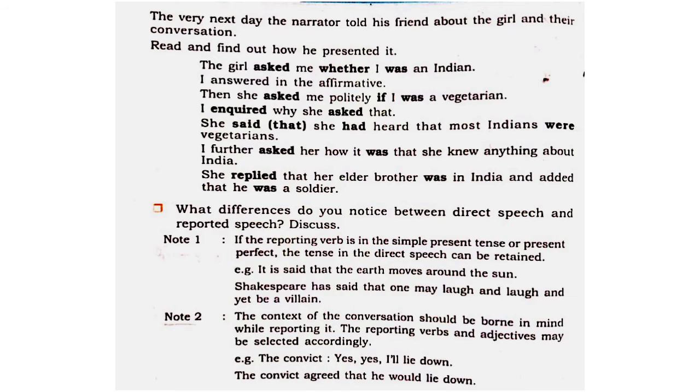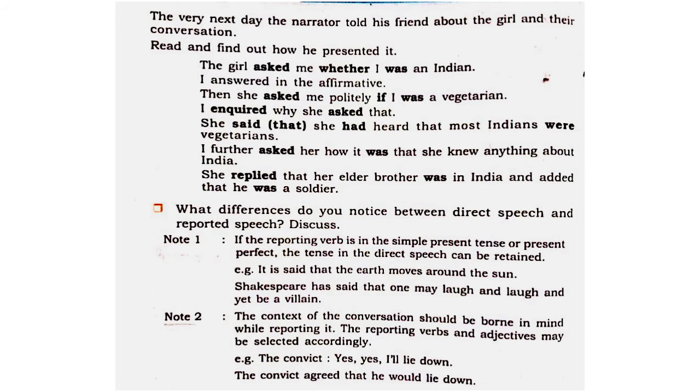When I talk to two persons directly, that is direct speech. When a third person hears it and reports it to another person, that is reported speech. Note one: if the reporting verb is in the simple present tense or present perfect, the tense in the direct speech can be retained.